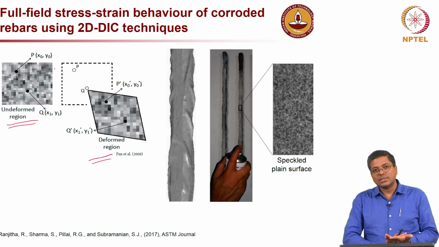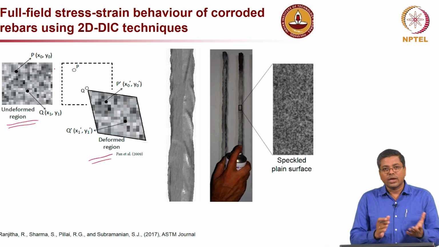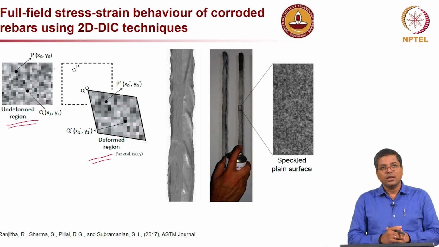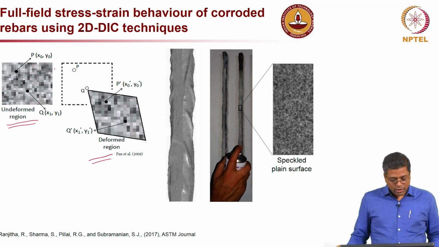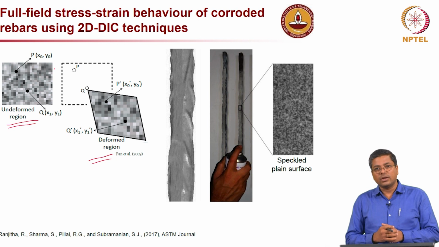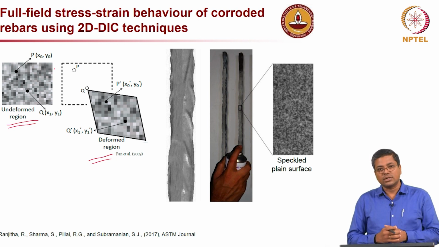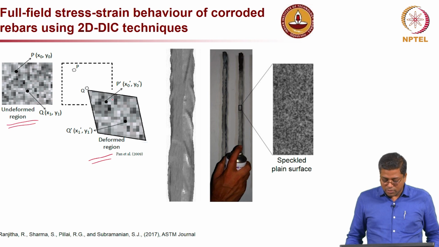Basically you have a black surface and on top you spray white paint, white speckles, and then you take an image and pixelate it, read it pixel by pixel, and then during the stress strain test, during the tensile strength test, you can see how each pixel is moving, and based on that we determine what is the local stress strain behavior. We can find that.